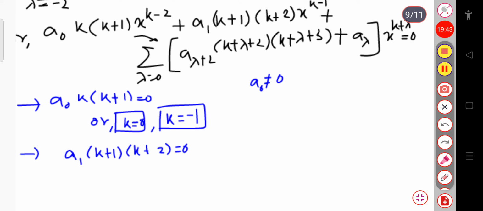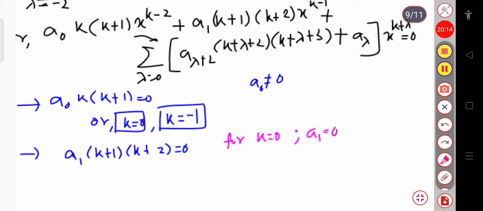And here let me change the color, just a minute. Yes, you can see here there are two values of k. One is 0, another one is minus 1. For k equal to 0, 0 plus 1 is 1, 0 plus 2 is 2. So 1 into 2. It means that obviously a1 should be equal to 0.